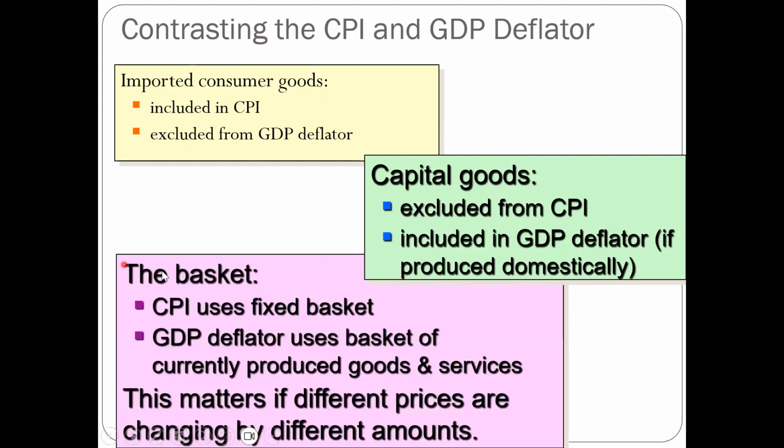The last thing is the basket. The consumer price index uses a fixed basket, while the GDP deflator uses the basket of currently produced goods and services. So this only matters if different prices are changing by different amounts.